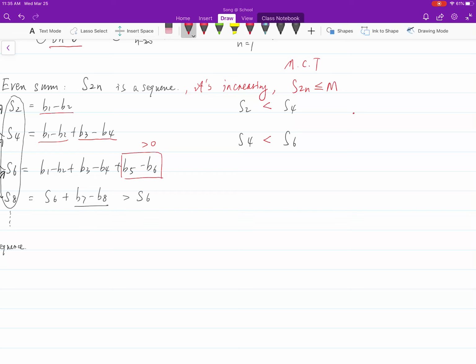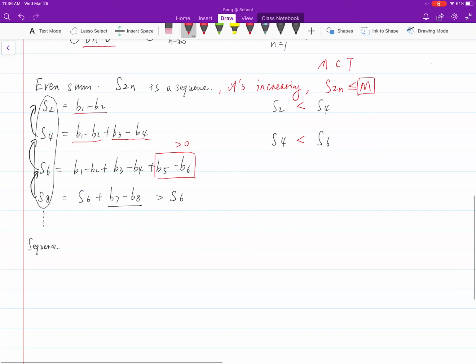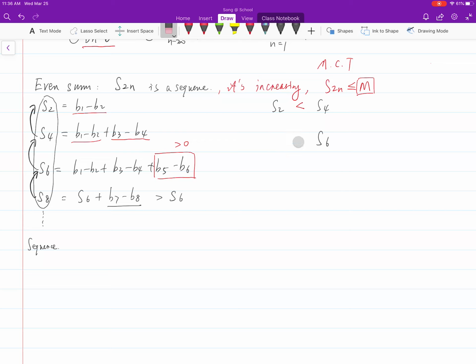Remember, you keep going up, so it's possible you become infinity. But then I put a bar here and say, hey, you could never go across this bar. Then you have to converge. That's basically what the monotonic convergence theorem tells you. So here, we need to find an M such that all these sums will be less than or equal to it. Can we do it? Let's think about it.